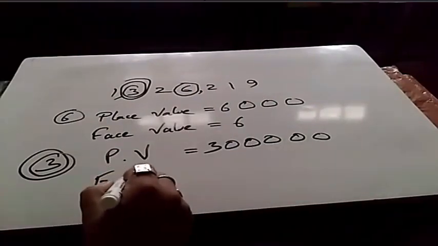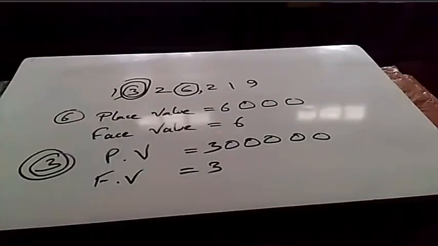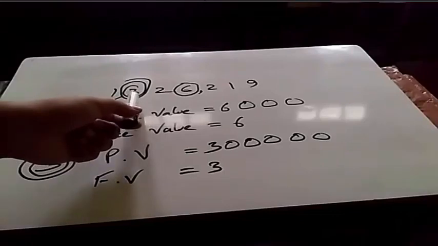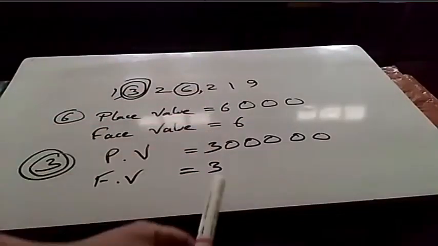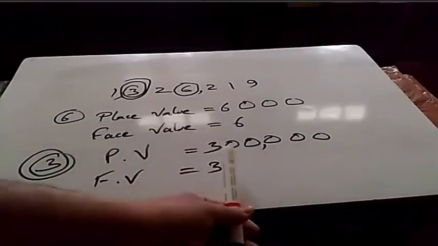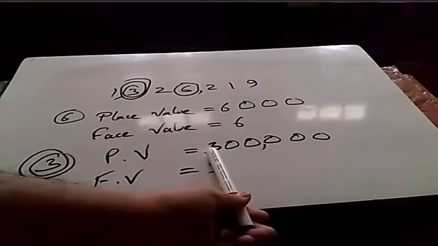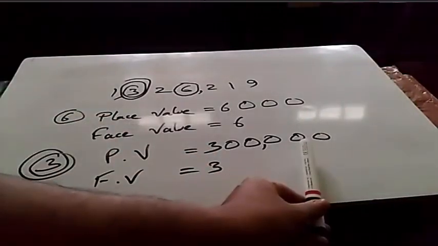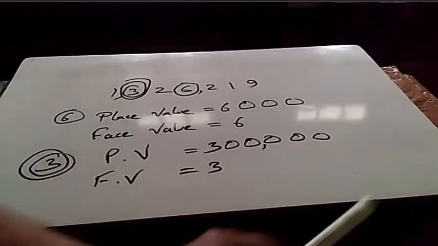And the face value will be the number itself. This place is the 100,000 place. So see, here also we are putting it in the 100,000s position, followed by all zeros till the ones place.